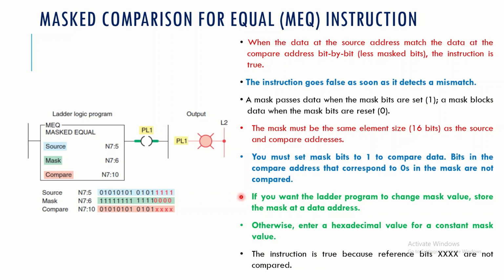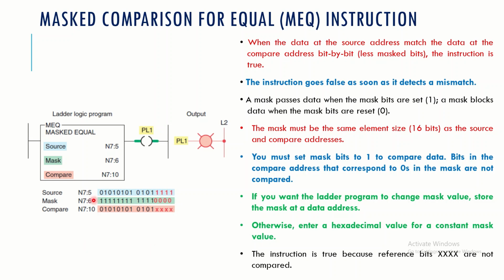So this is one important concept: if you want the ladder program to change the mask value, store the mask at a data address. Store the mask at a data address. Otherwise you can go for a hexadecimal value for a constant mask value. So whatever your mask value is, you have to write an equivalent hexadecimal value.